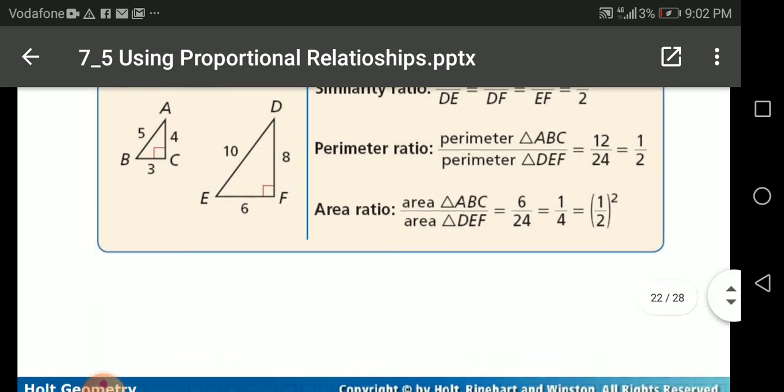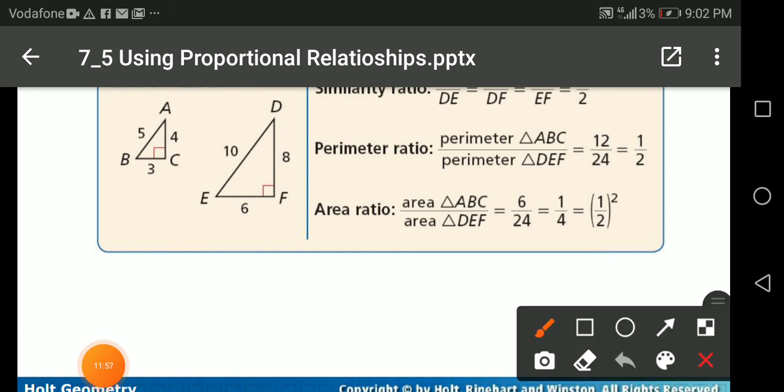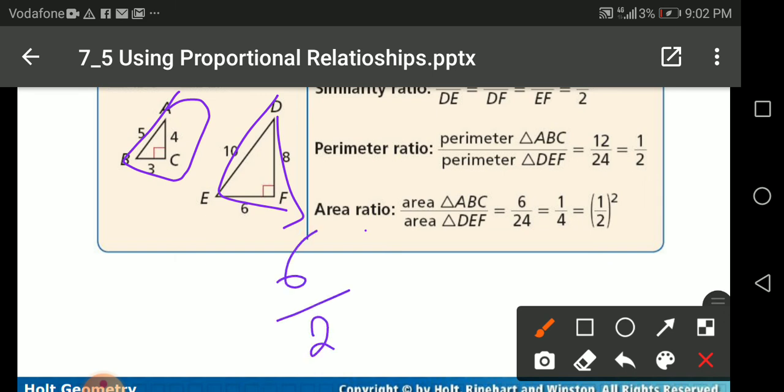And if I say the area of ABC and the area of DEF, it will be 6 over 24, which will be a fourth after simplifying.